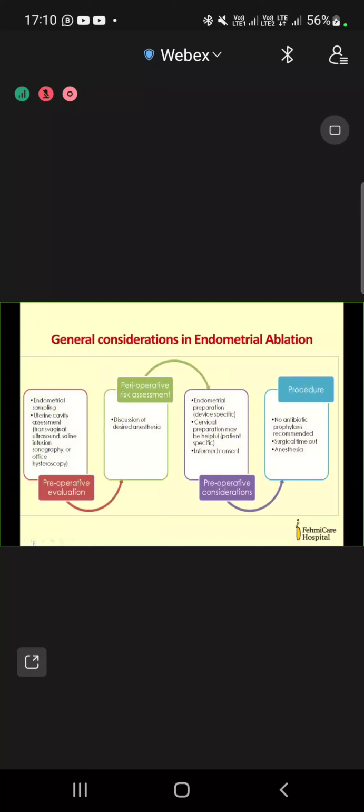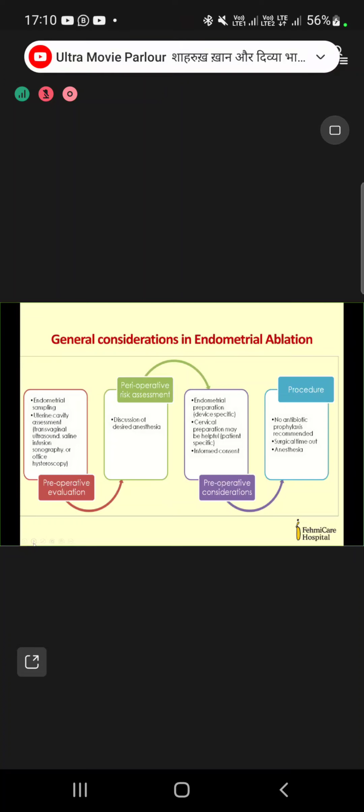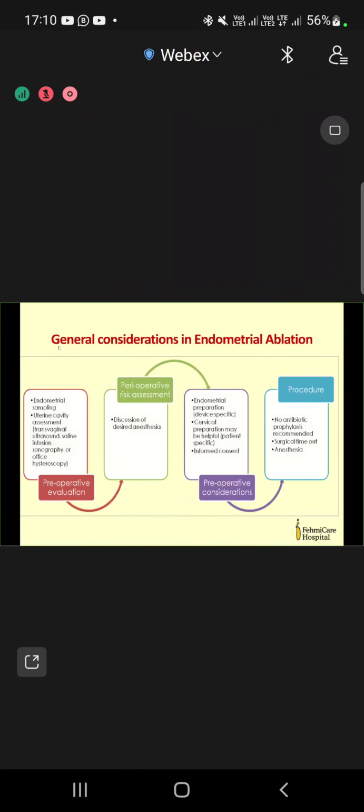So this is an important slide. I want my students to concentrate. What are the important considerations in these techniques? The most important is, whenever you are ablating the endometrium, it is mandatory that you should have an endometrial sampling to exclude any atypia, any malignancy.